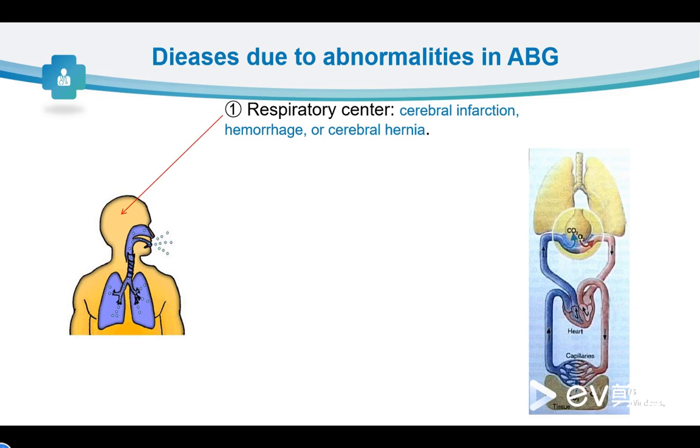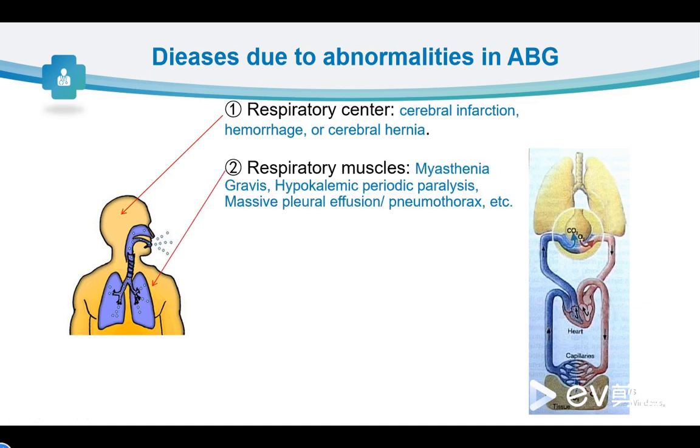If the respiratory center is all right, the abnormality of the respiratory muscles can also induce a decreased ventilation, such as myasthenia gravis and other nervous and muscular diseases. Sometimes the massive pleural effusion or pneumothorax can also influence the contraction of the respiratory muscles, which can result in the decreased ventilation.